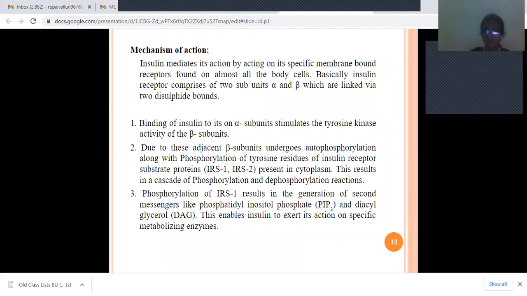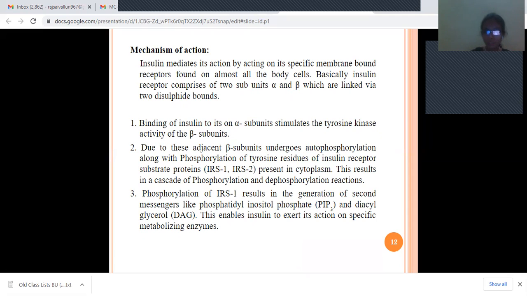Next, what is the mechanism of action? Insulin mediates its action on specific membrane-bound receptors found on almost all body cells. Basically, insulin receptors comprise two units, alpha and beta, which are linked by two disulfide bonds.